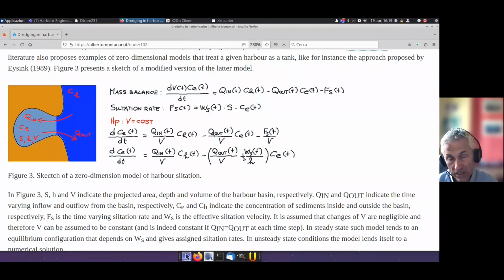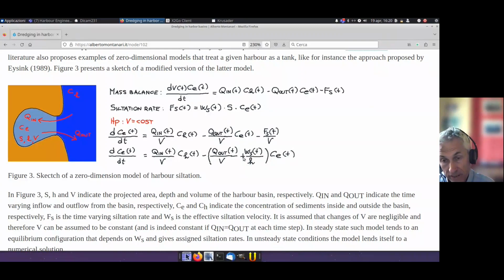So the left-hand side of this equation describes the change in sediment mass over time, which is given by the inflow times the concentration of outside sediments minus the outflow times the concentration of inside sediments.